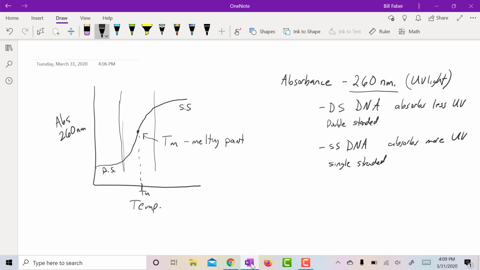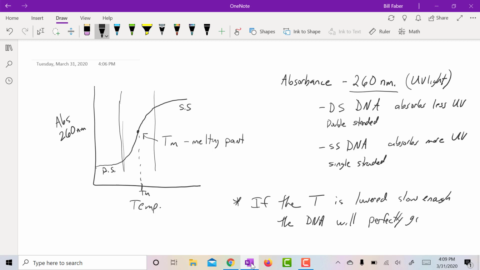So I do want you to know that if the temperature is lowered slow enough, the DNA will perfectly go from single-stranded DNA to double-stranded DNA.